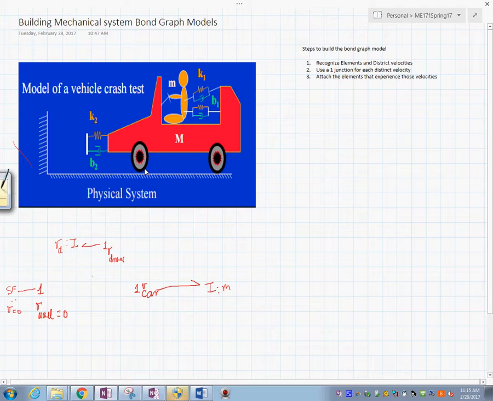So we need to define the relative velocities, and for that purpose the next step would be to use a zero junction for each velocity difference.